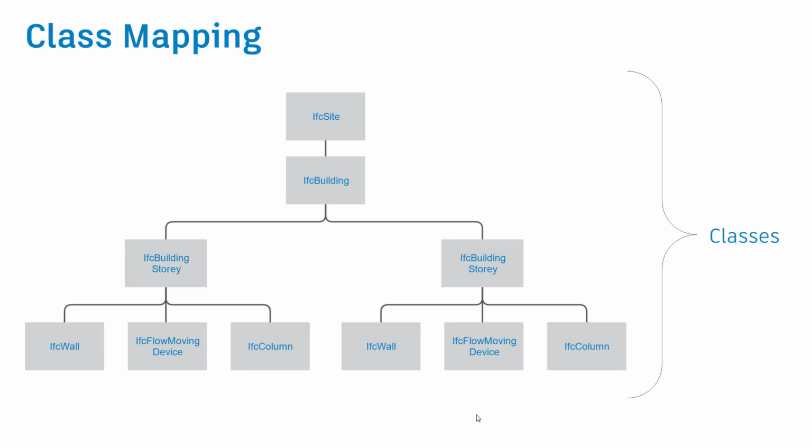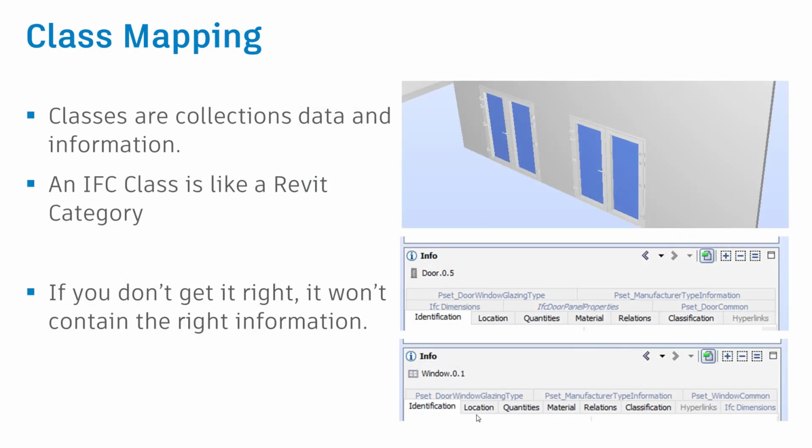So classes, when we refer to classes and kind of class mapping, pretty much everything you see or use inside Revit in an IFC sense belongs to a class. A class is essentially a collection of data or objects that have a similar use or a similar kind of definition. For example, doors would belong to one particular class.